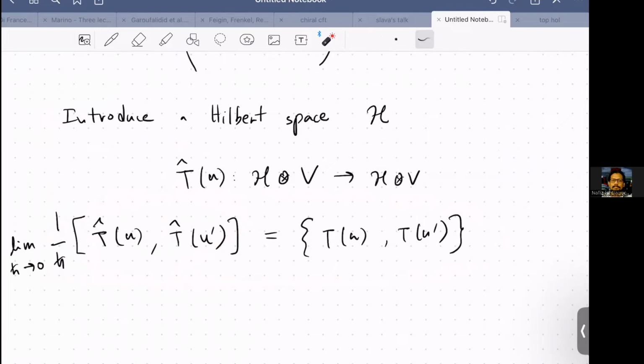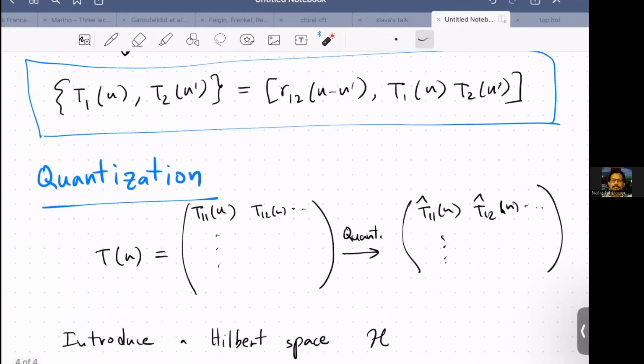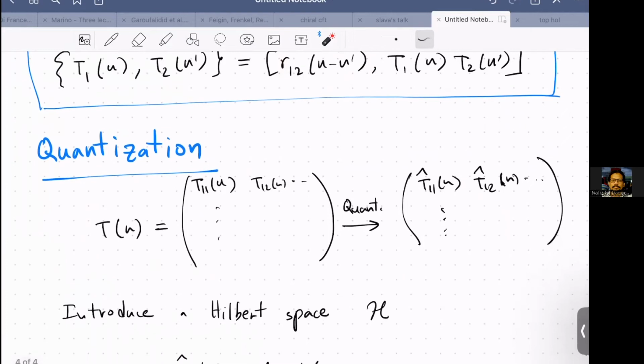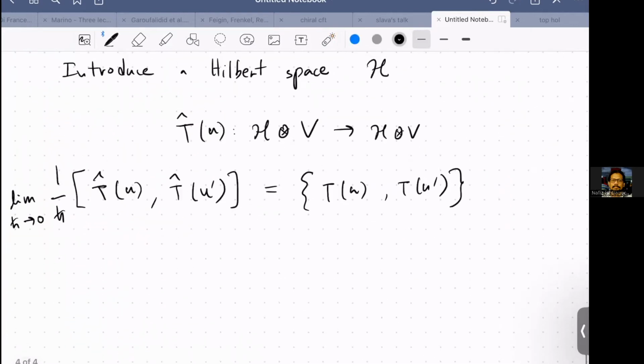Now, we also have to do something to R. So let me now introduce the quantum R matrix, which I'll call R12.